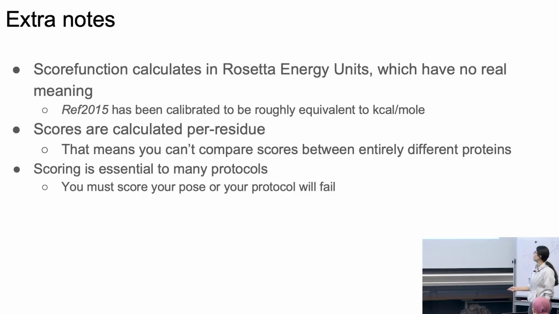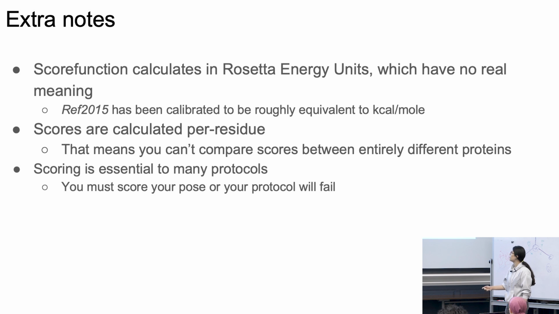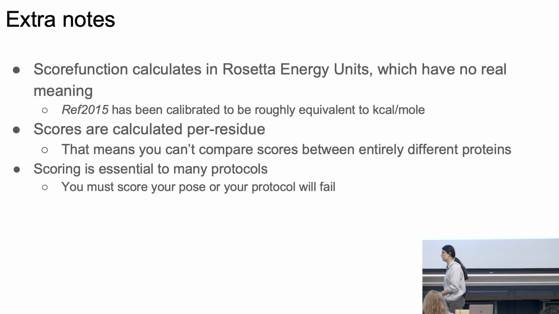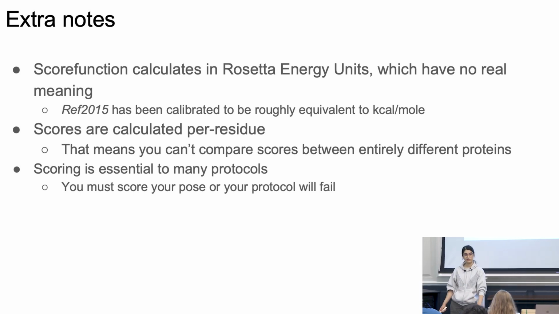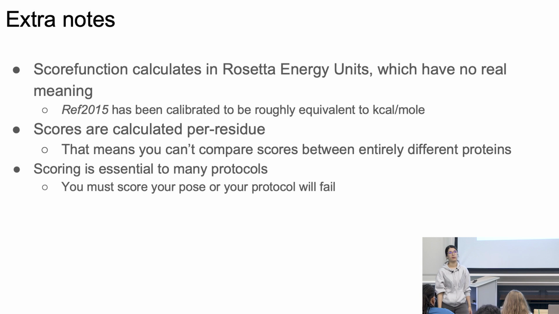So one thing to mention is the energy units for Ref 15 are going to be arbitrary. And so they don't have conversion to real energy units. The idea is to get some type of ranking in these arbitrary Rosetta energy units, but you're not necessarily trying to find exactly how it would convert to real energy.